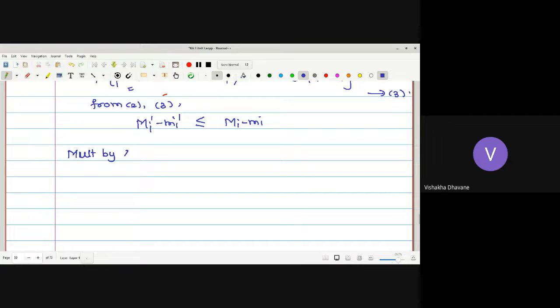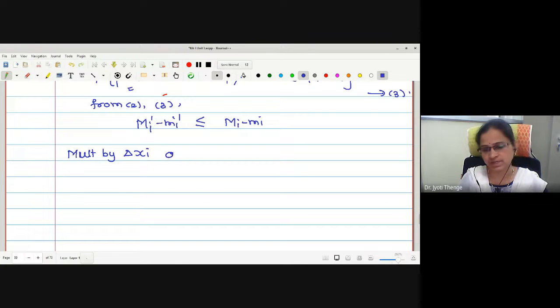Multiply by delta xi, very good, and add over i equals 1 to n. Is it okay?